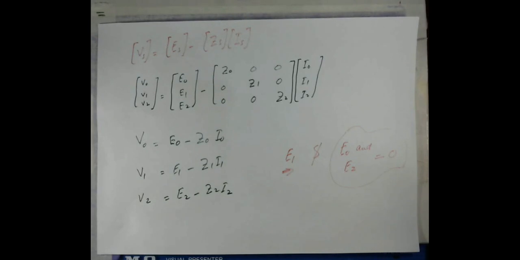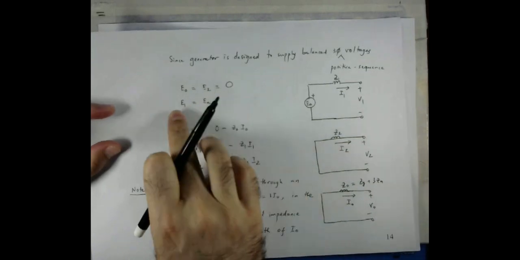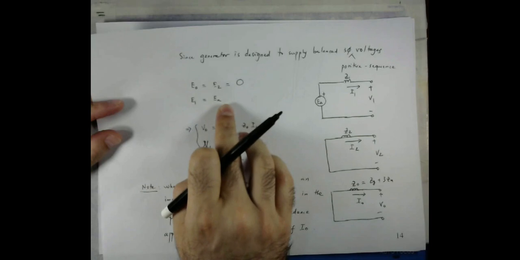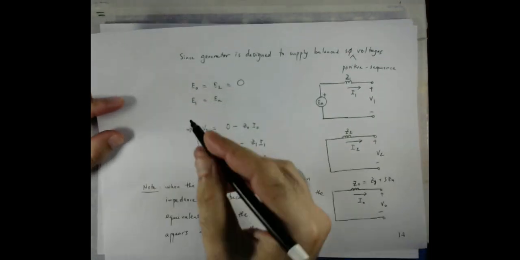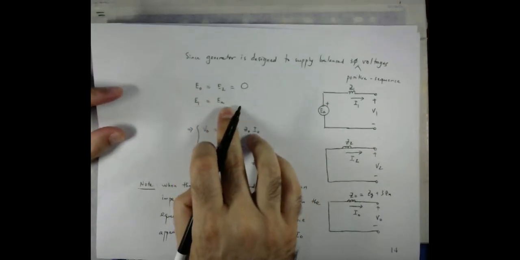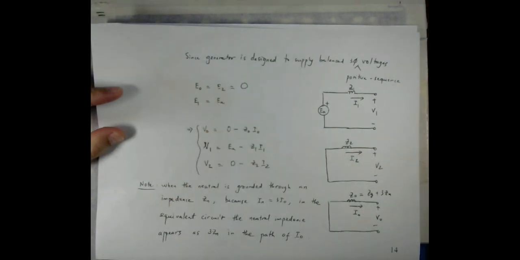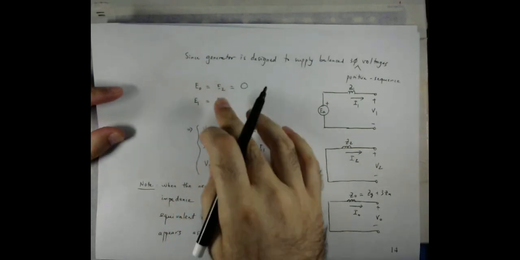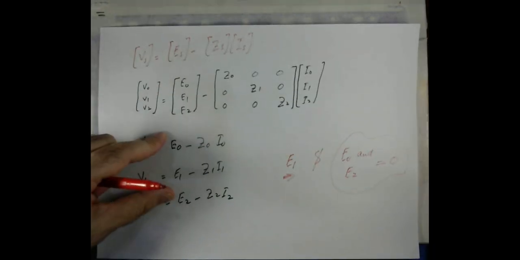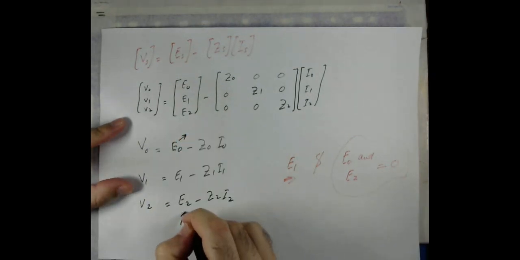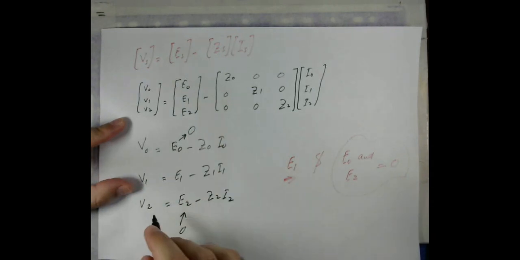So let's take the case that E naught and E2 are 0, and we make E1 equal to EA, which now represents the positive sequence voltage. Putting E naught and E2 as 0, we can now draw the three sequence networks.